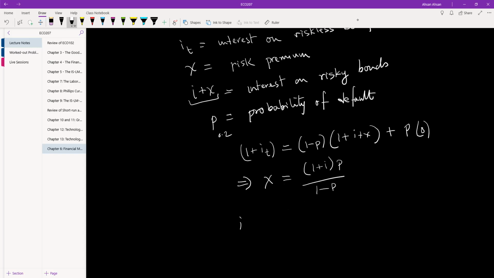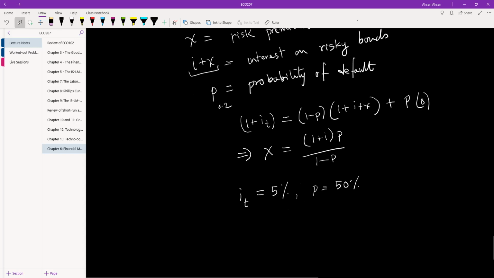Suppose the nominal interest rate on a riskless bond is, let's say, 5%. The risk of default on a bond that you want to buy, suppose a value bond, is 50%. So there is a 50% chance that they will not pay back, and a 50% chance that they will pay back.